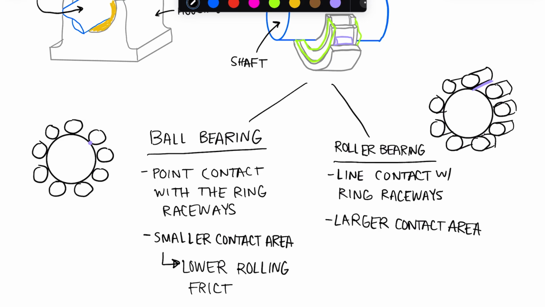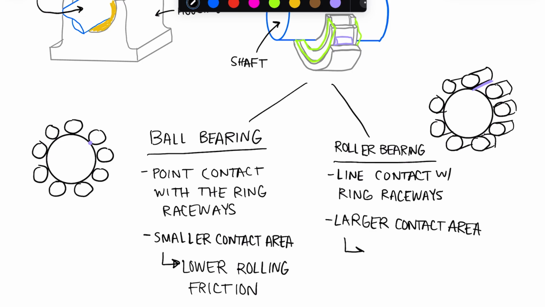Remember that friction is proportional to the contact area. The amount of surface area you have in contact between two parts determines the magnitude of the force of friction.